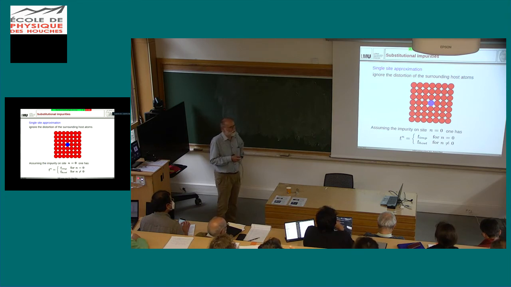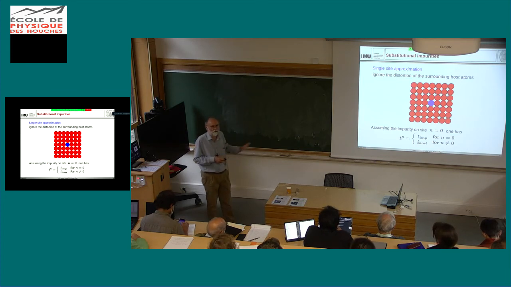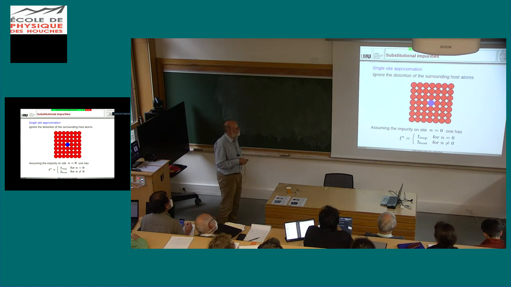But to make life not too complicated, we say at the moment the lattice is still what we had before, and we ignore the distortion of the surrounding host atoms. So this is an approximation. For metals, it works in practice pretty well because of the screening of the distortion due to the impurity by the metallic surrounding. But still, of course, it's an approximation.